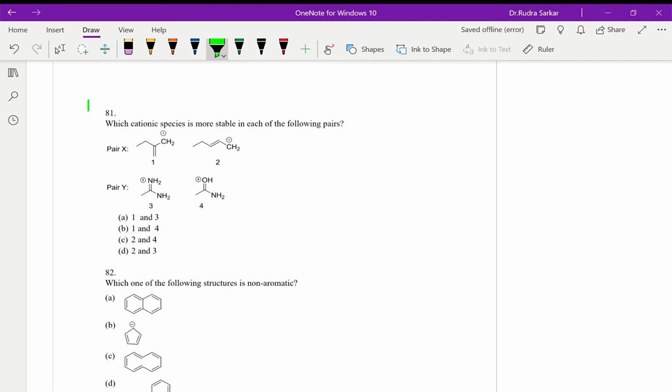Question number 81 says: which cationic species is more stable in which of the following pairs?